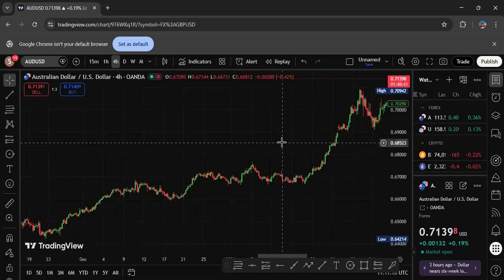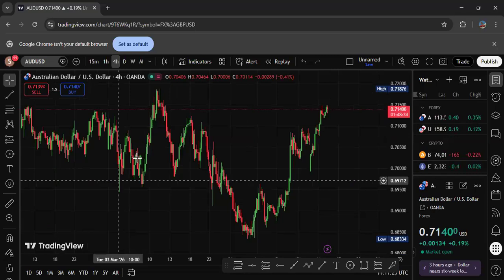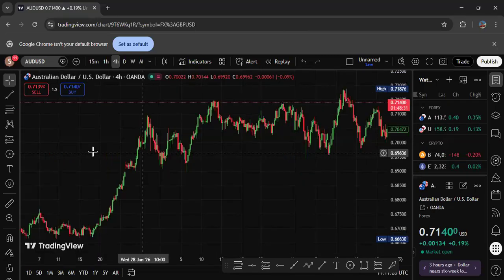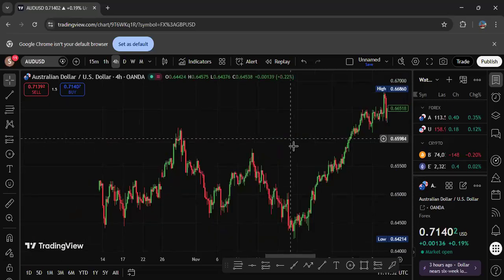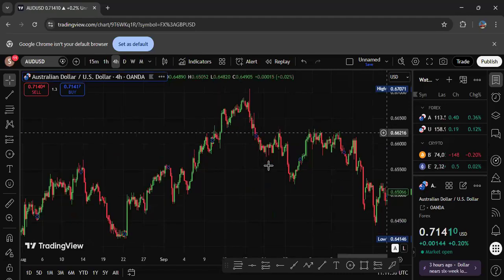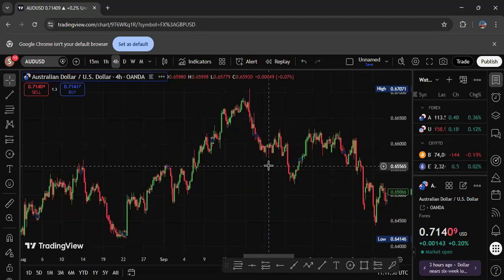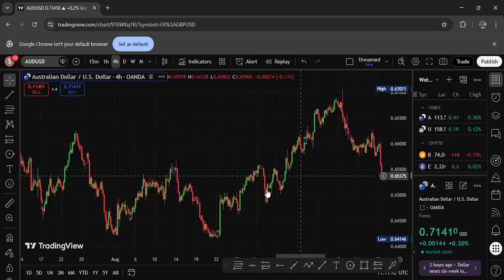So this here is my chart. Just want to see if I can get something nice, like a clean, something not too big. Okay, all right, let's just use this small part.